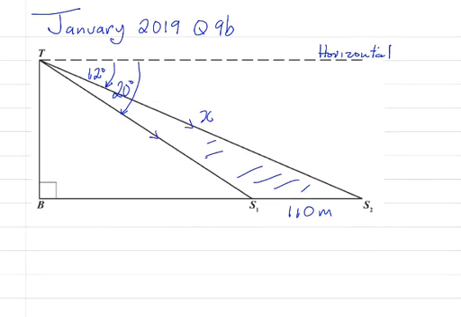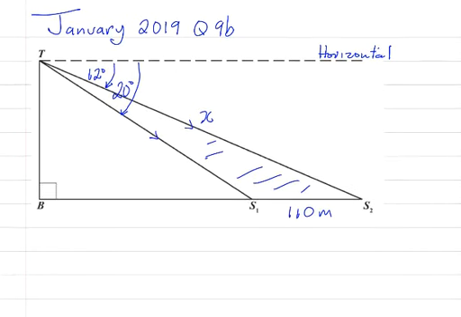All right, so let me erase those lines. So this is the triangle I'm going to use. I'm going to use information from triangle T, S1, S2 to determine the length of the line T, S2. Now let's look at the information that I have. So far, the only information I have about this triangle is the length of the line S1, S2, which is 110 meters.